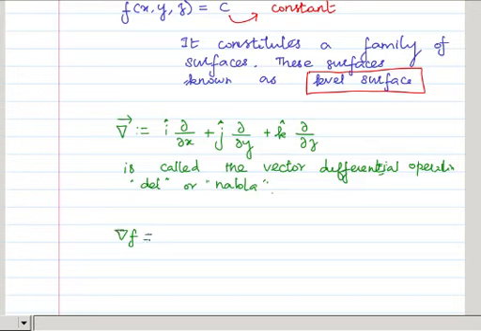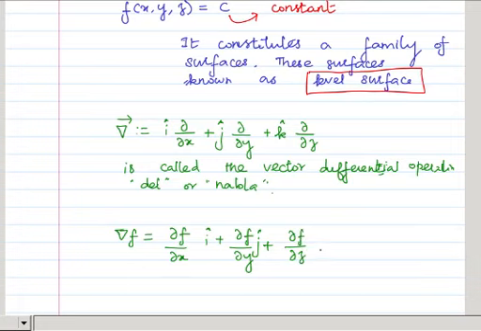So del f equal to, where f is a scalar valued function, dou f by dou x i cap plus dou f by dou y j cap plus dou f by dou z k cap.